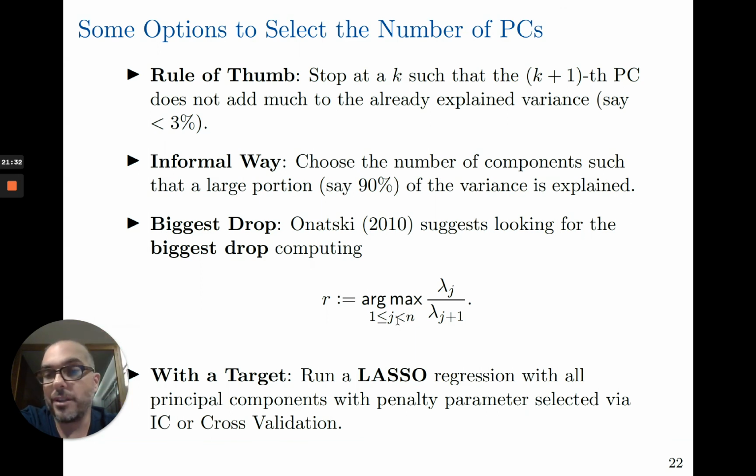But suppose that you have a target variable that you want to explain using these principal components. Like the paper that I presented last week, where we have 500 variables, and we want to take principal components of these 500 variables and use them to forecast future inflation. So we can run a lasso of future inflation on the principal components of the data and see how many of these components the lasso will choose. Okay? So this is one possibility.